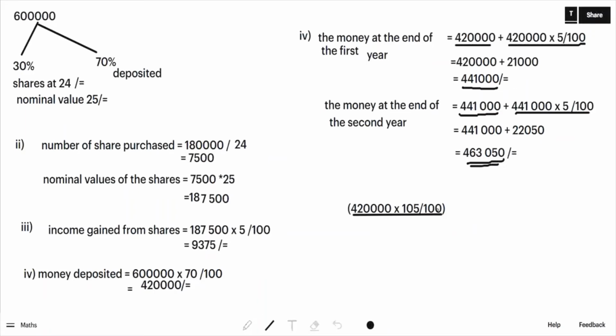In the next year, similarly, the bank would pay another 5%. That means they will get another 105% of the amount they have. So you multiply it by 105%. So this also will give us 463,050. You could use both ways, but this might be the way which is used in the exams.